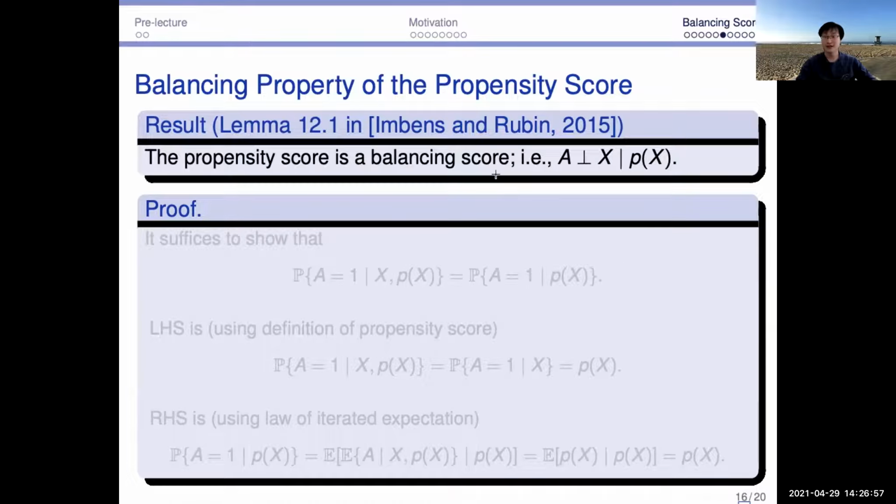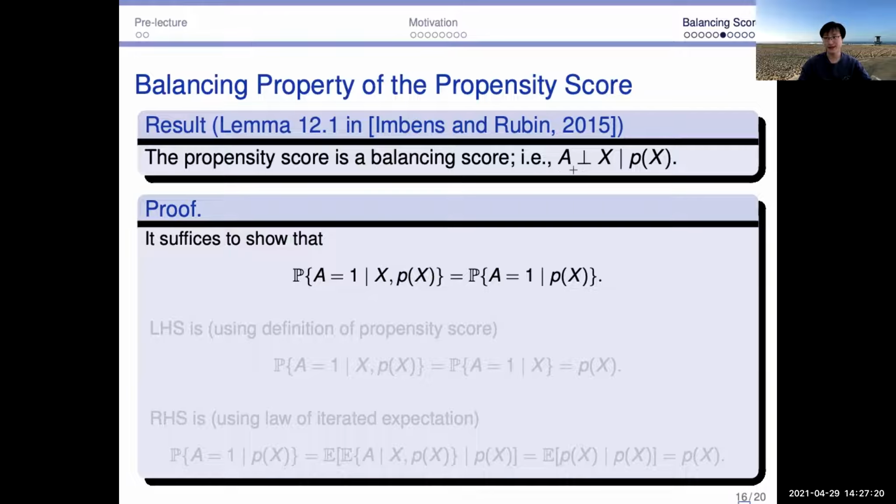In other words, by definition, treatment is independent of the covariates given the propensity score. And here's the proof. The proof is, again, just a few lines. So I'll go through that with you.